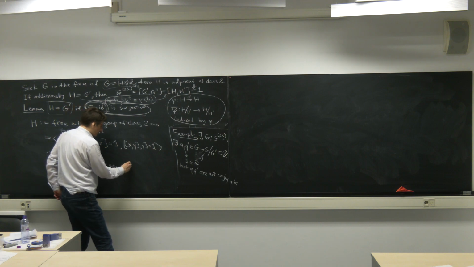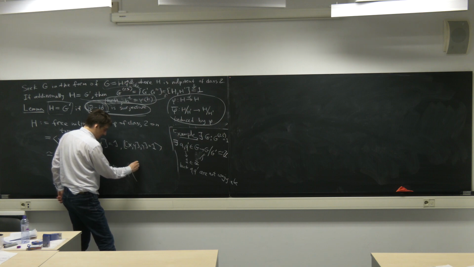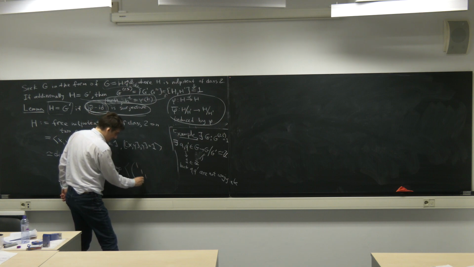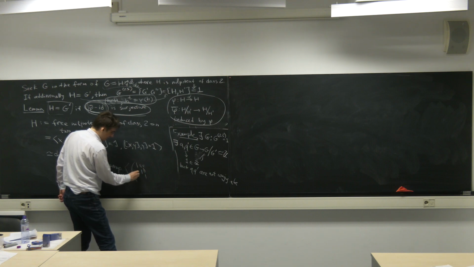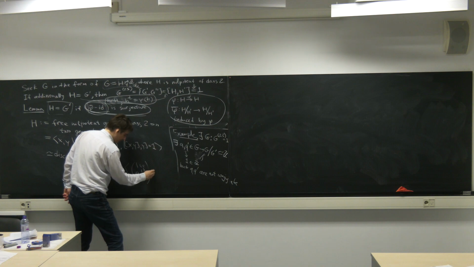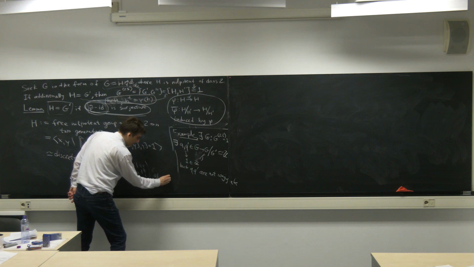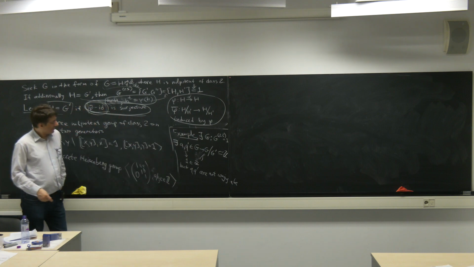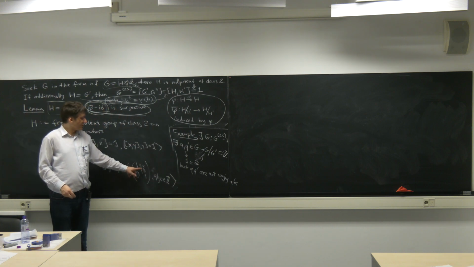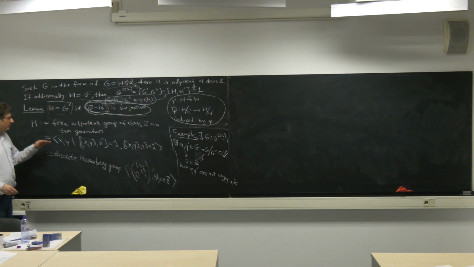So this is the group of the following matrices: 1, 1, 1, A, B, C, and 0 here, where A, B, and C are integer. So when you multiply these matrices, you will find out that it has the same multiplication law as this group.